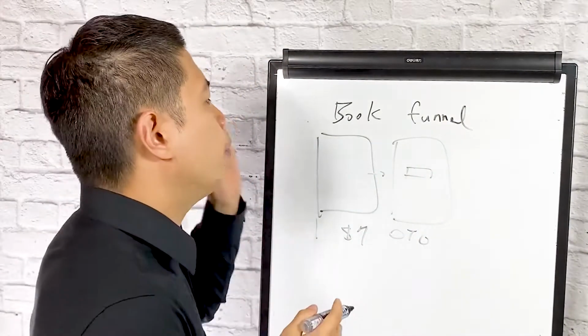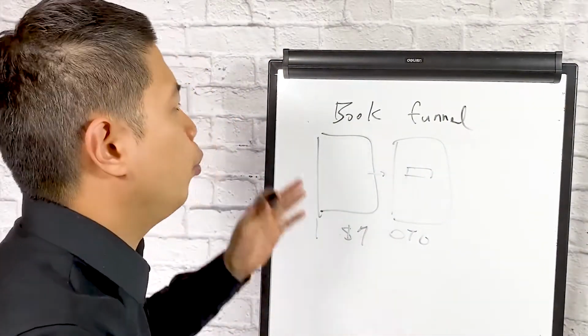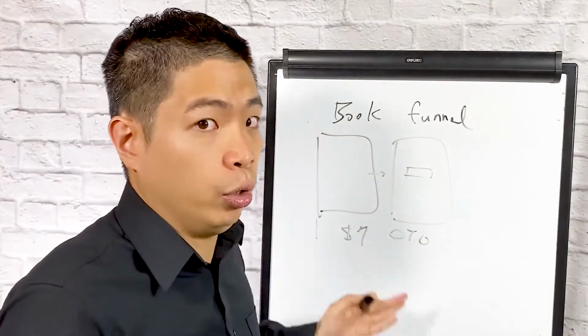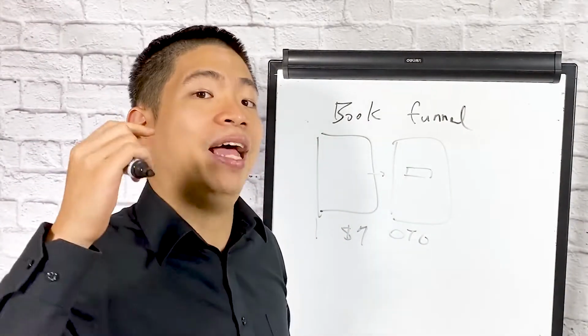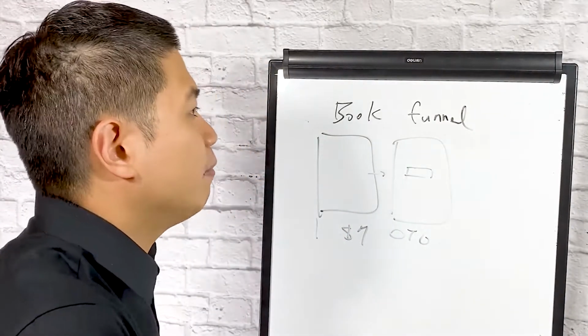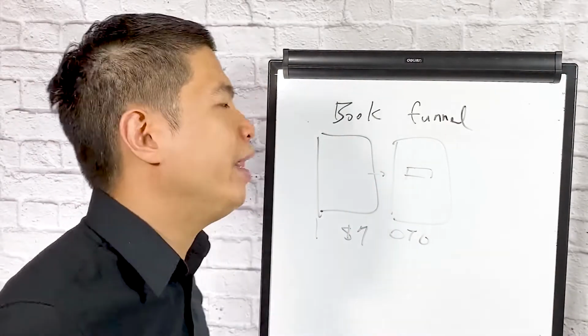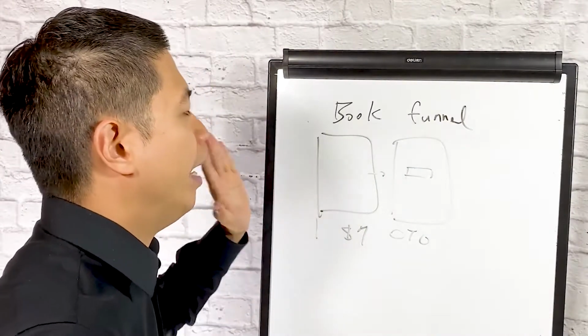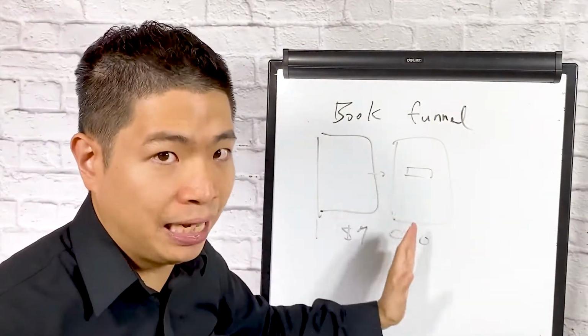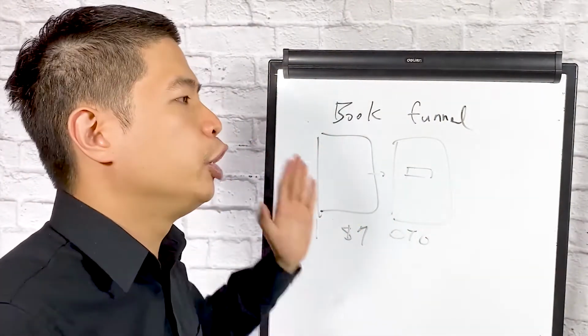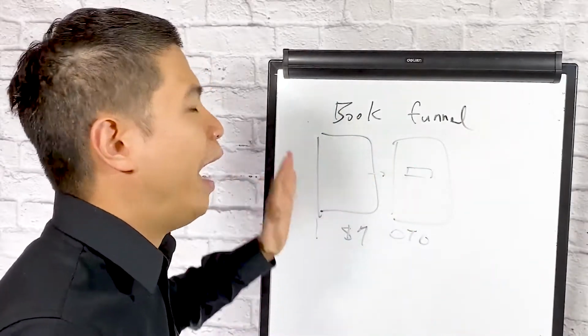So why do we want to do that? Because normally when we are driving traffic to BookFunnel, we are driving traffic from ads. Nowadays ads are really expensive, so you may lose money at this part. But if you can put an upsell at this part, guess what? You can liquidate your ad cost.